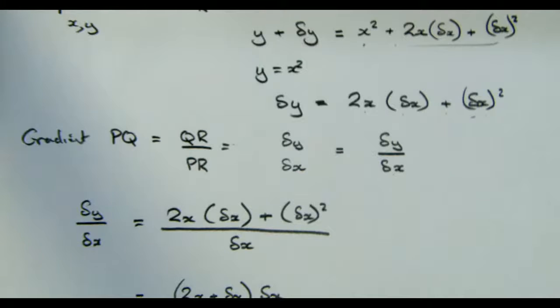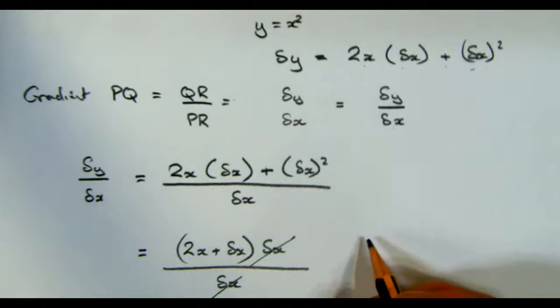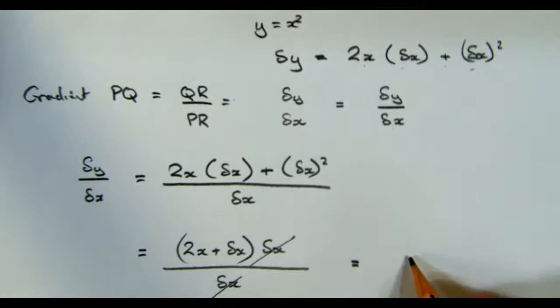Now we know that delta x is a very small positive value, and so we can cancel it out. So now we have that delta y over delta x is going to equal 2x plus delta x.